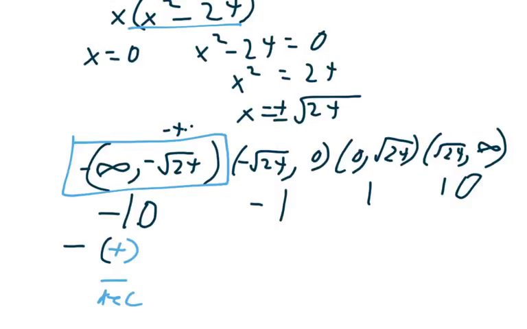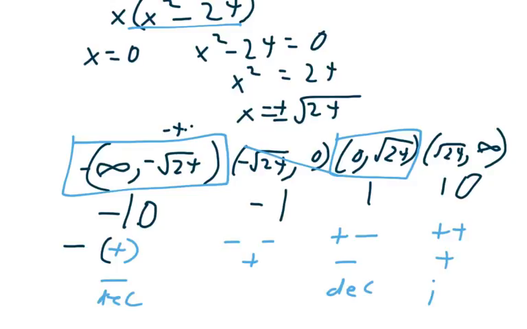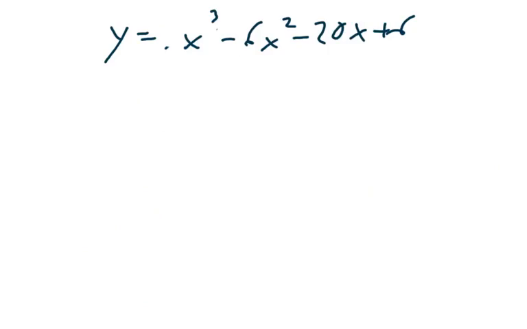When I plug in negative 1, I get a negative and a negative, which is a positive. So that is increasing, and that's not the question. This question is decreasing. When I plug in 1, I get a positive and a negative, which make a negative, which means this is going to be decreasing. And when I plug in 10, everything is positive, so this part is increasing. So this interval and this interval are my answer.